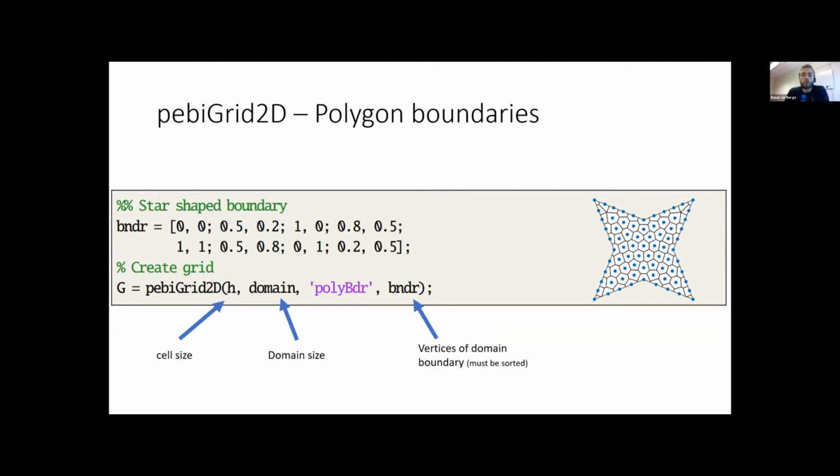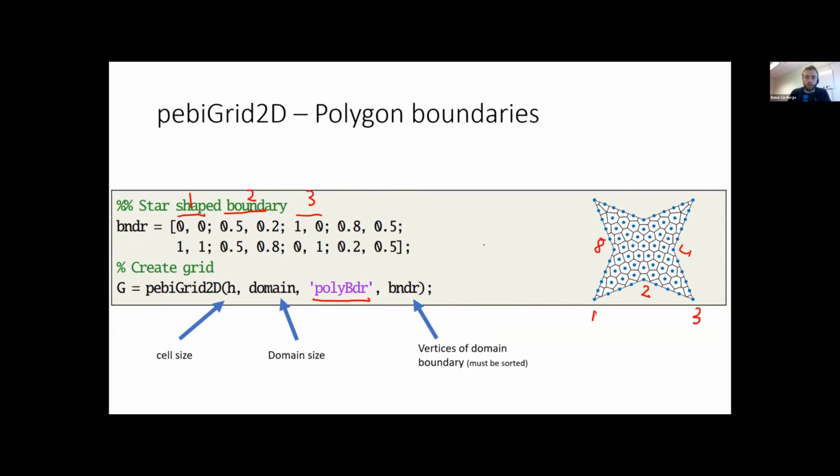But we can also do non-square domains in the UPR module. And you do this by specifying this keyword polyboundary, or polygon boundary. And you supply a set of vertices. So we have the first vertex, the second vertex, the third vertex here. And these are just corresponding to the vertices around our domain. 1, 2, 3, 4, 5, 6, 7.